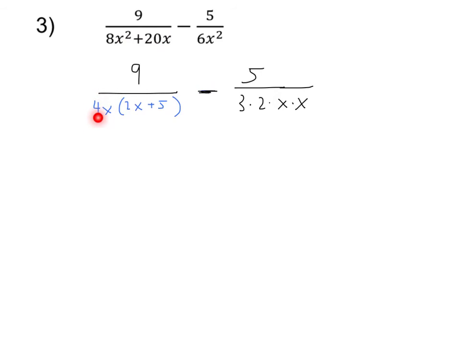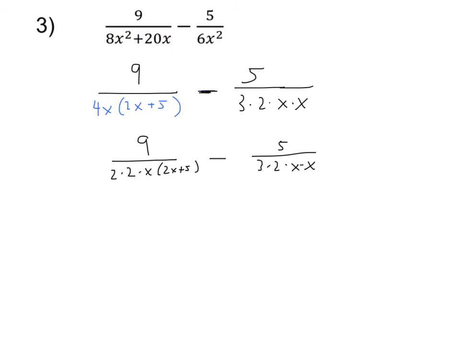This is something important: we pull out the 4x first, but you can also factor it one more time. So let me write this out again. I'm going to write this as 9 over 2 times x times 2x plus 5, minus 5 over 3 times 2 times x. All right, so now we're ready.